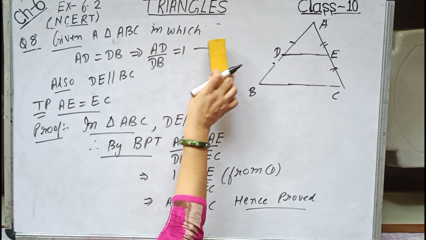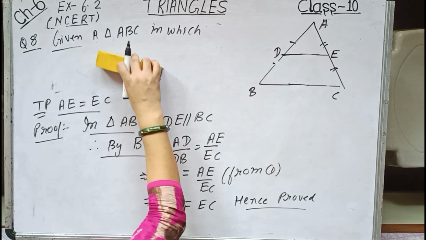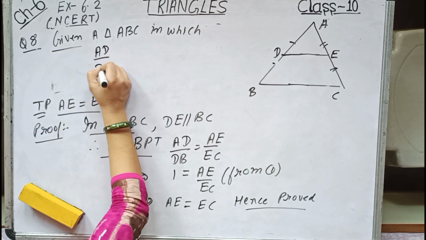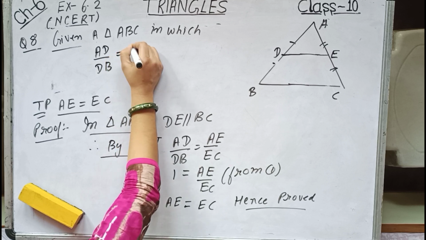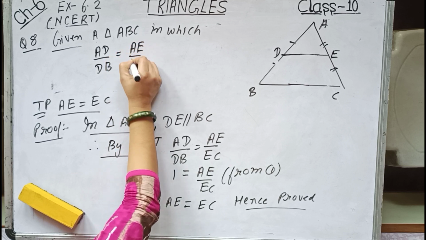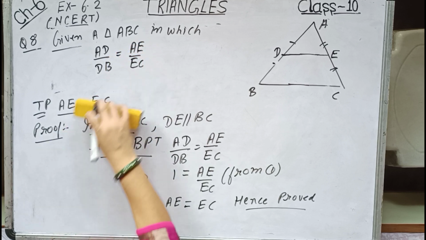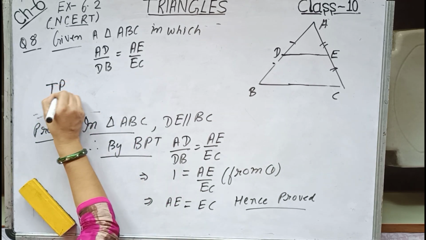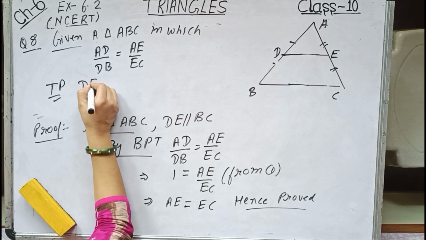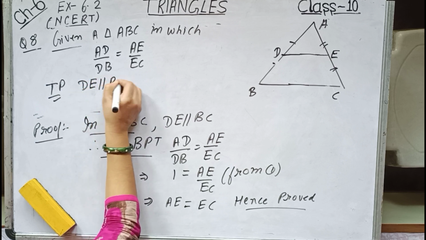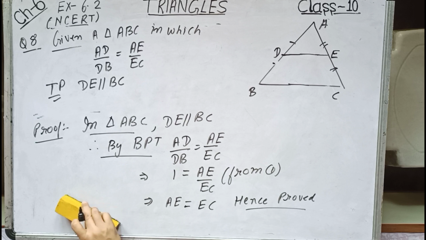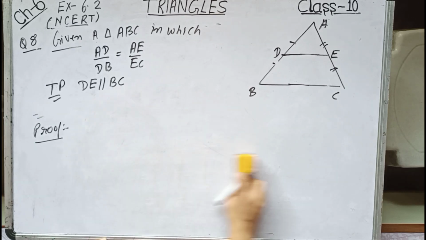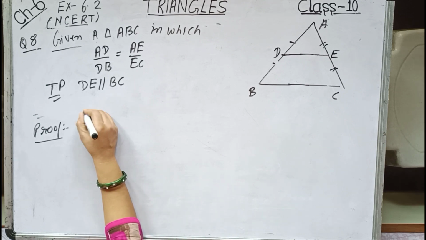So given a triangle ABC in which AD by DB equals AE by EC, and what we have to prove? To prove DE is parallel to BC. So proof.